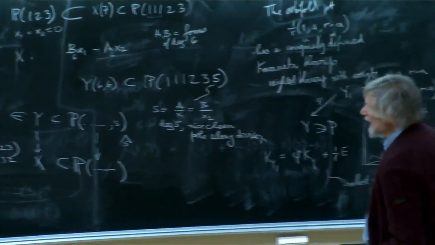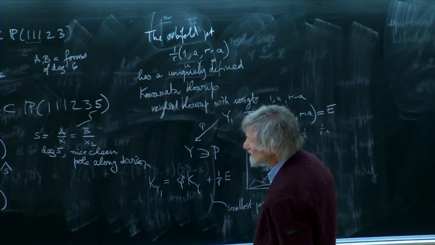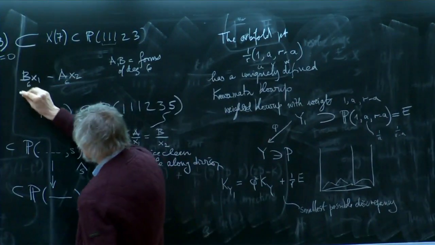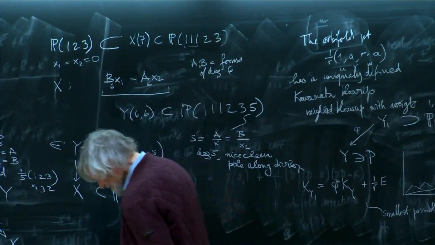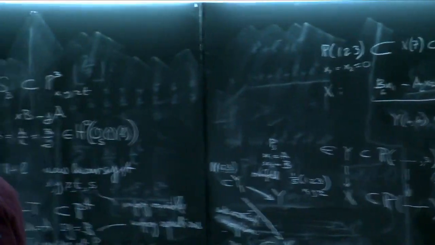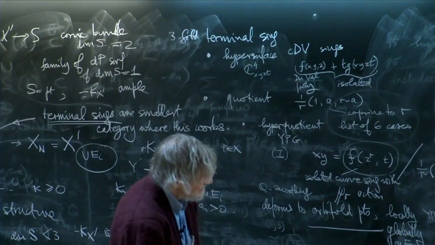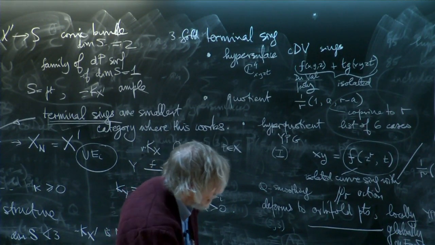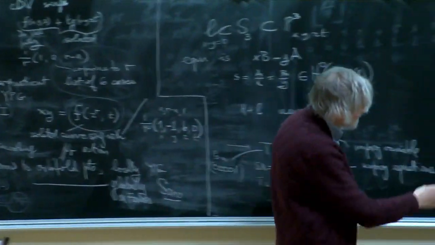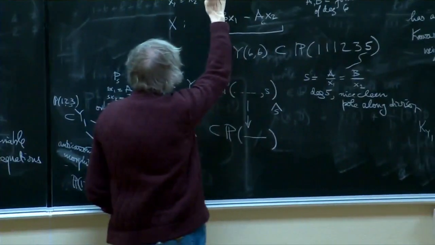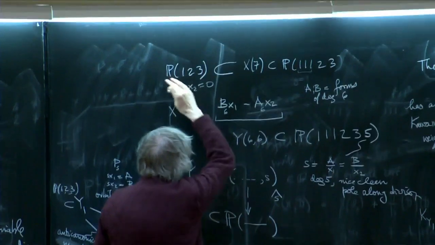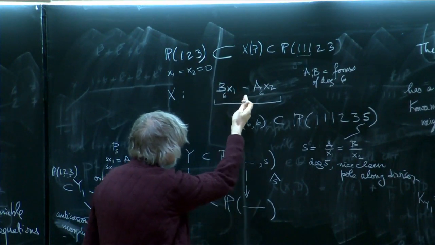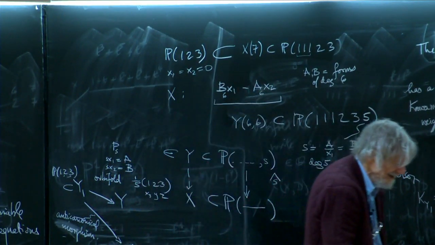However, if you think about it, this equation of X is certainly singular. So the A6 is certainly not quasi-smooth. The fact that X7 contains this plane means that the X cannot be factorial.